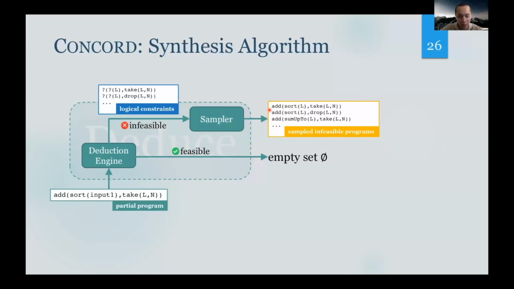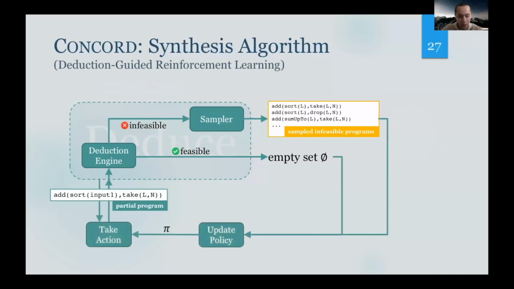Eventually, we have these sampled invisible programs as an output, which can be provided for learning of the statistical model. Outside, this list flows directly to the update policy component, which utilizes it to update the policy pi.